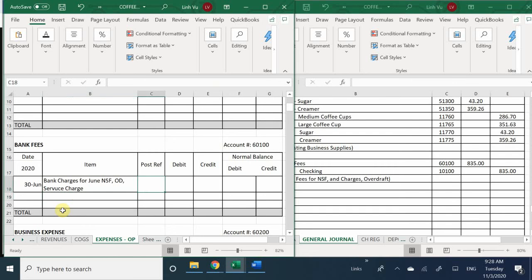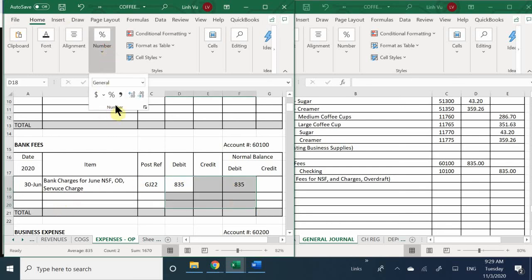All right. General journal number 22. How much am I going to debit my account for? 835. And because it's the first time, our beginning balance is going to be debited for $835 even.